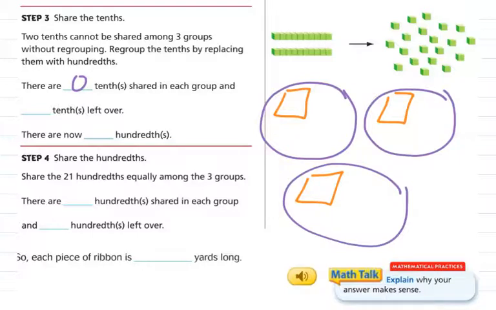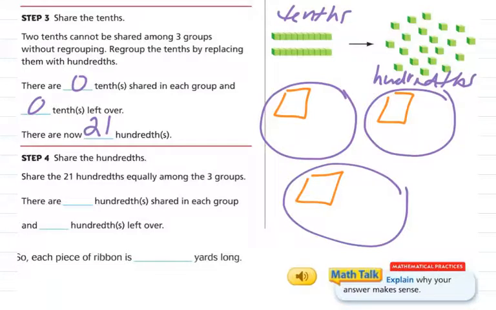So how many tenths do we have left over, boys and girls? We have 0 tenths left over because we traded them. So remember, we traded our tenths for hundredths. Next, boys and girls, there are now 21 hundredths. Don't forget that we actually did have 1 original hundredth in the problem.